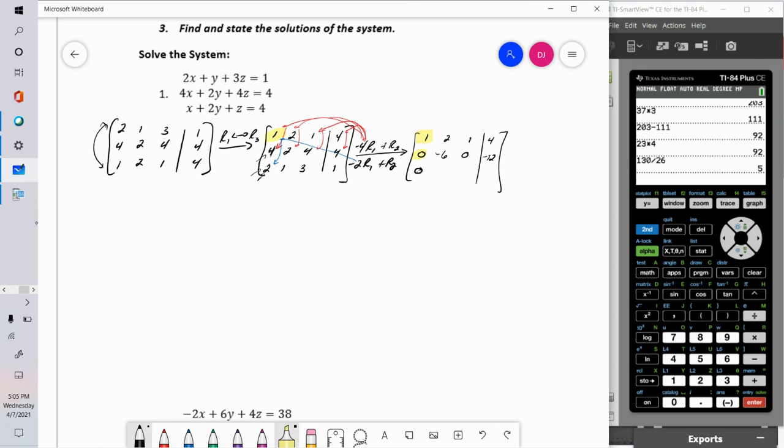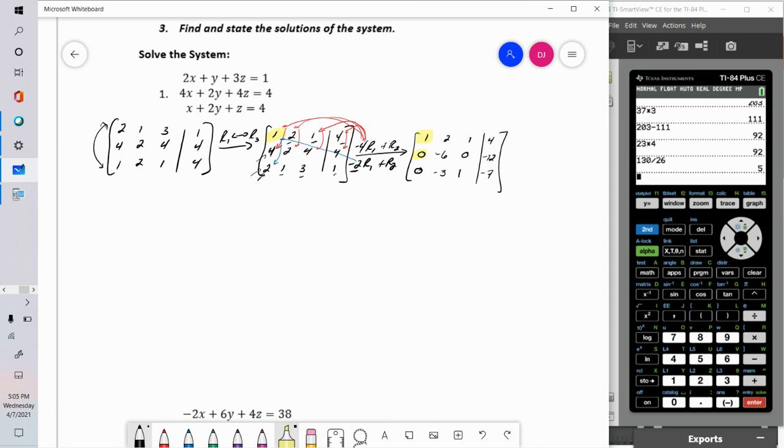See, we got that 0. Negative 2 times 2 is negative 4 plus 1 is negative 3. Negative 2 times 1 is negative 2 plus 3 is 1. Negative 2 times 4 is negative 8 plus 1 is negative 7.